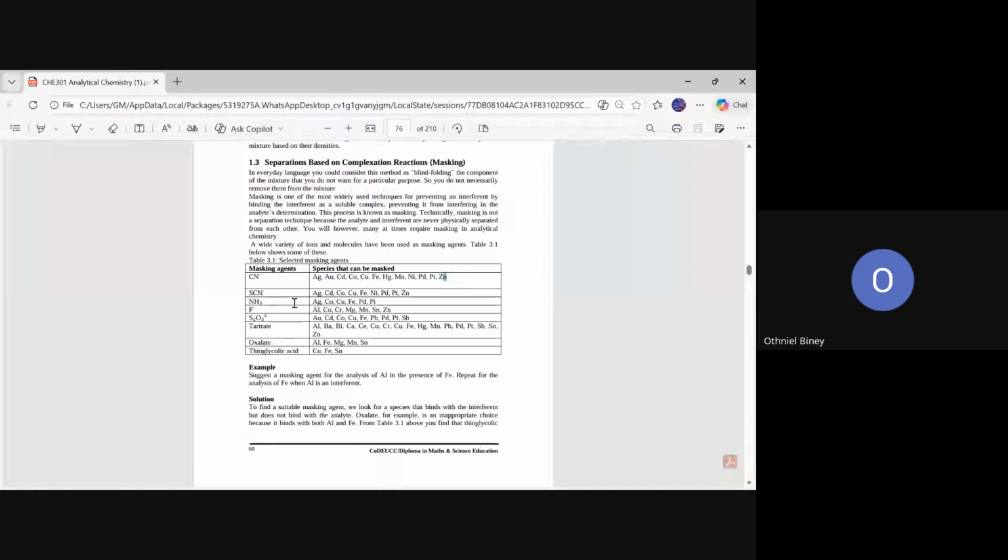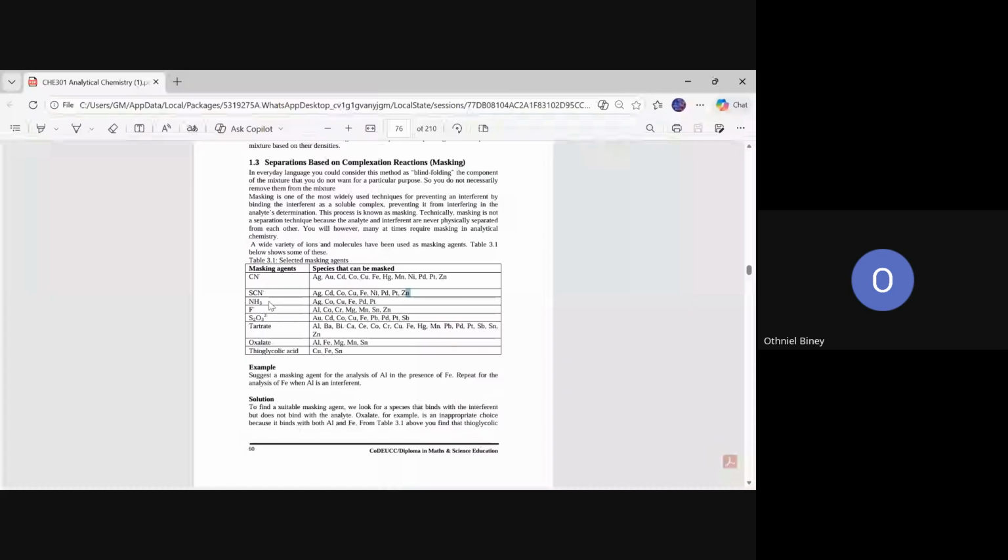So we can't use it as a suitable masking agent. Now you choose this one. You can see you would have the same iron here and zinc here. Are you with me? So this won't be suitable to mask any of them.